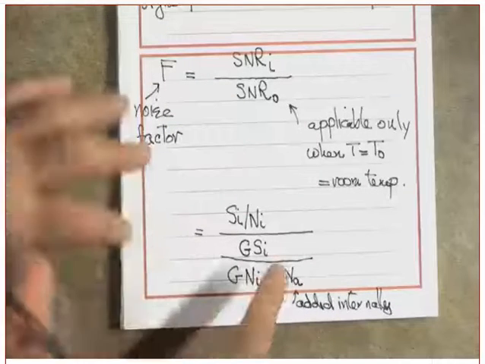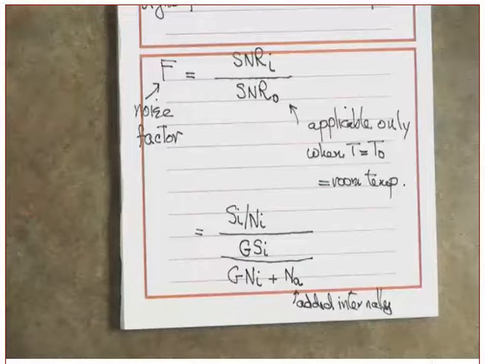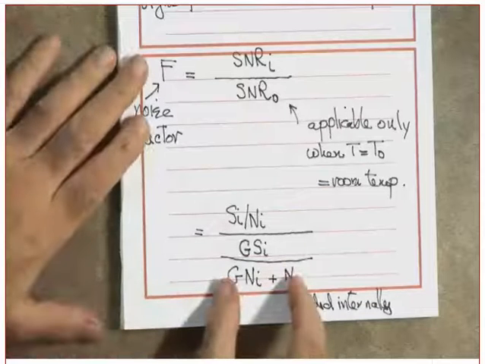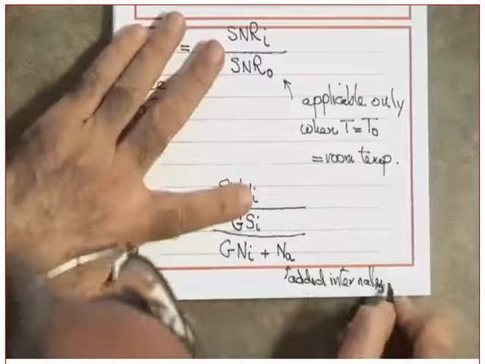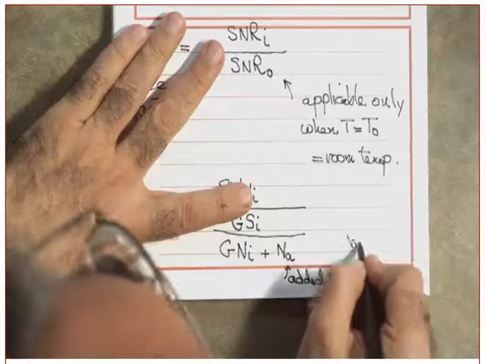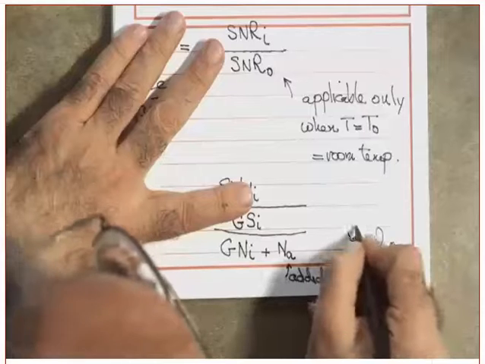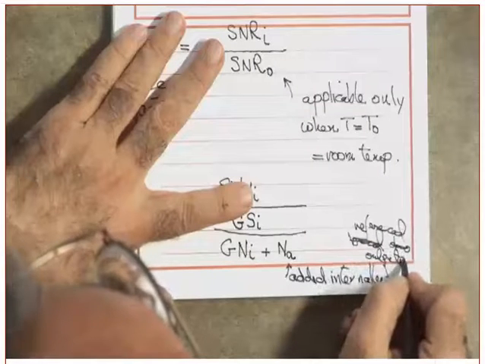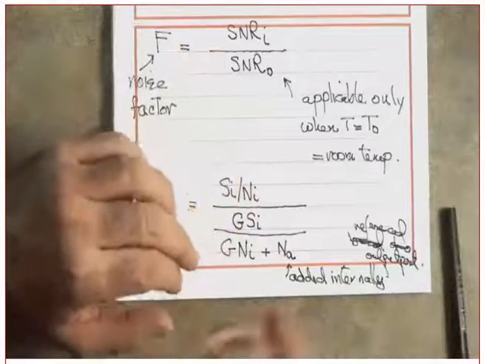This is the noise power that is added internally as observed on the output port. This is crucial. You need to understand it. This is because when I put it here, I'm looking at the output. So this one is added internally, based on the output port reference. Clear?